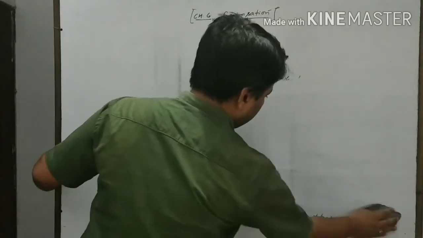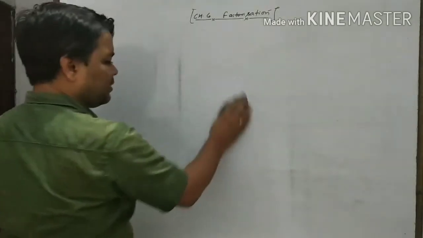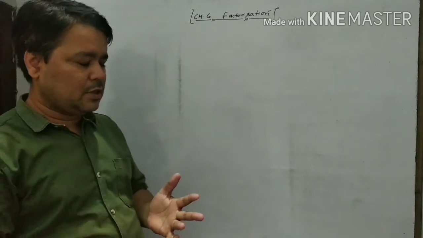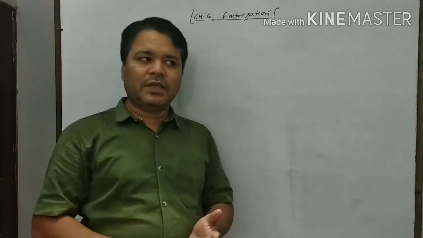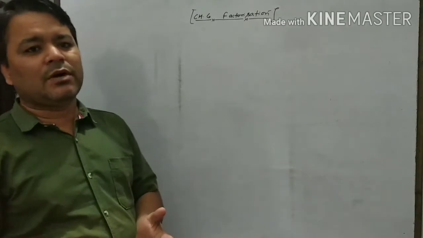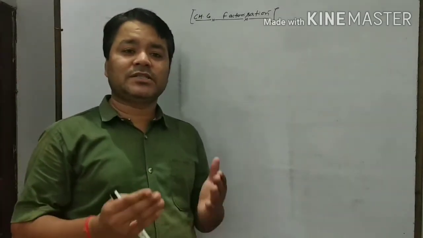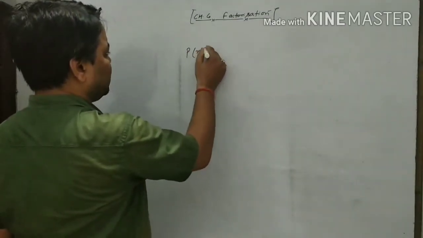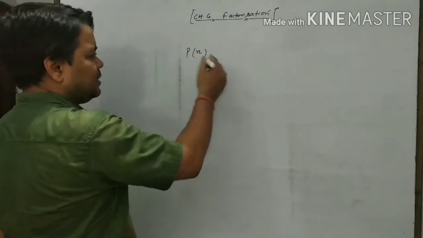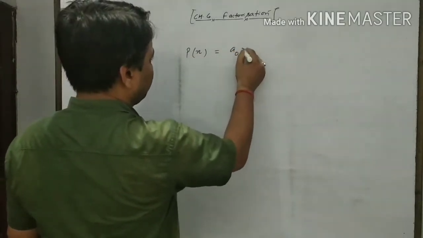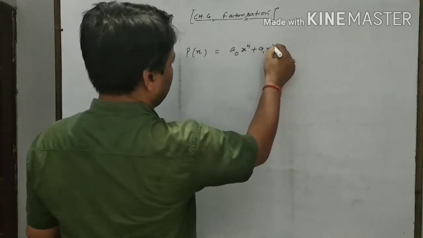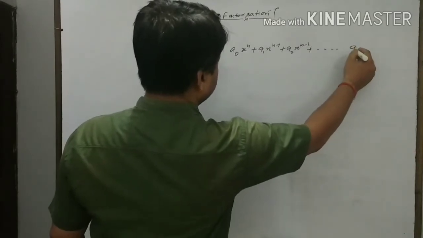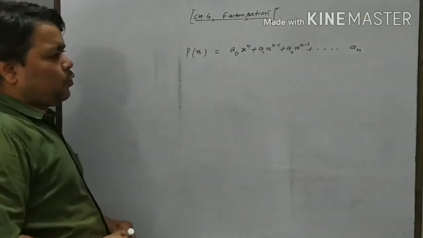Now, can we write the standard form of the polynomial? We have the standard form of the linear polynomial, the quadratic polynomial, the cubic polynomial. But what is the standard form of the polynomial? The standard form of a polynomial in variable x is like this way: a0 x to the power n plus a1 x to the power n minus 1 plus a2 x to the power n minus 2 plus ... plus an.